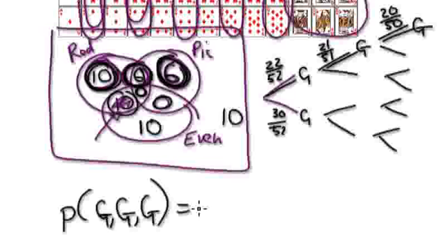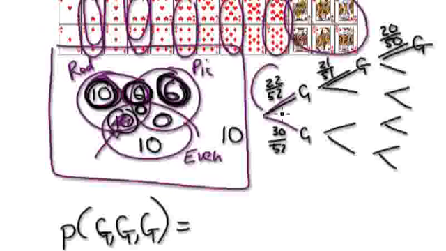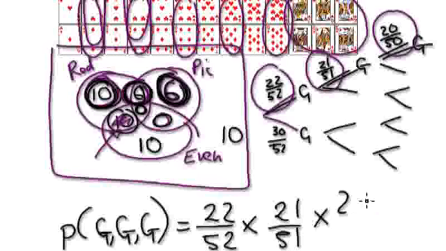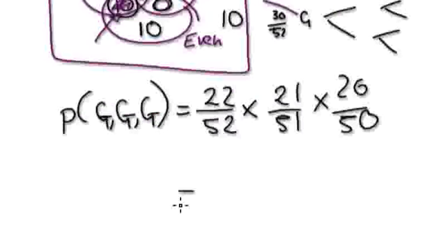So to answer the question we need good, good, good, which would mean this times this times this. So it would be 22 over 52 times 21 over 51 times 20 over 50. Then jump to your calculator.